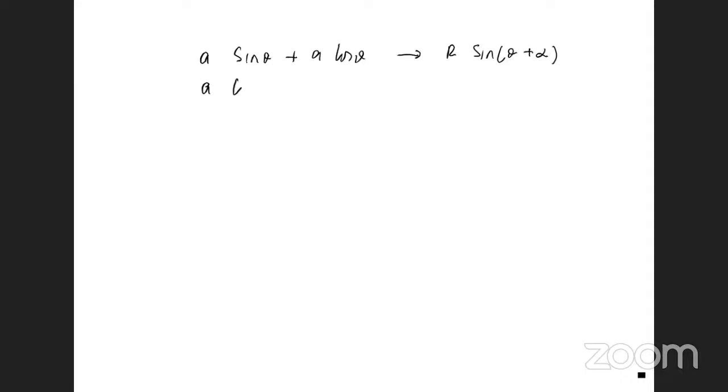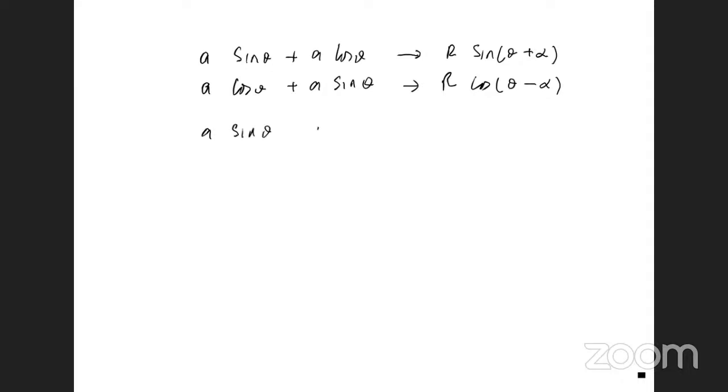If we have it the other way around, I'm not saying the first one can't work, but the best one that will line up nicely is r cos theta minus alpha.